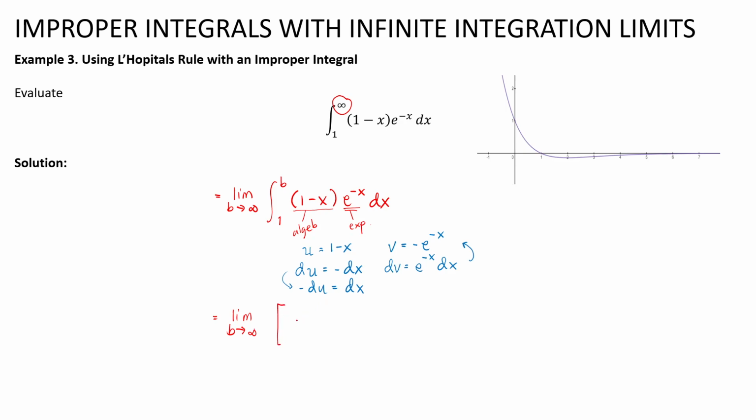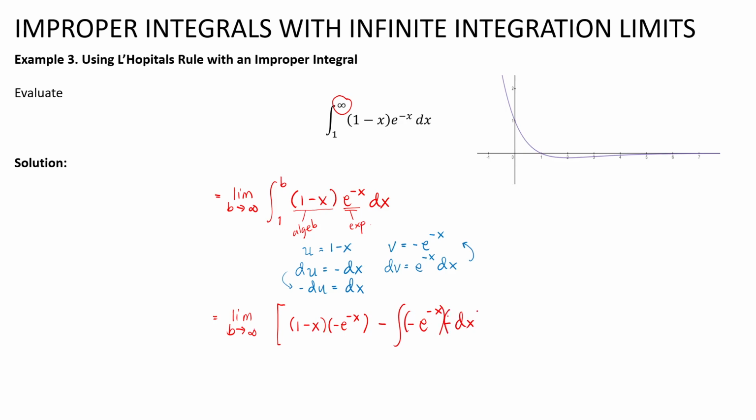So this is uv, which is 1 minus x times negative e raised to negative x, and then minus the integral of v du, that is negative e raised to negative x, and then negative dx.